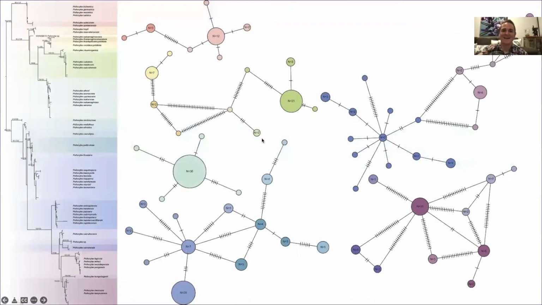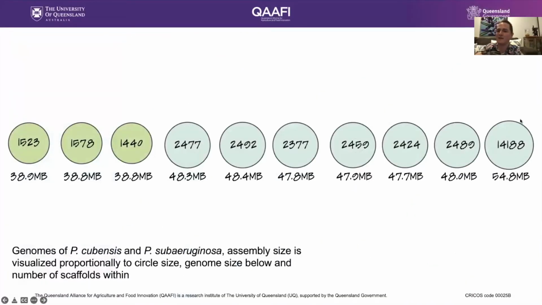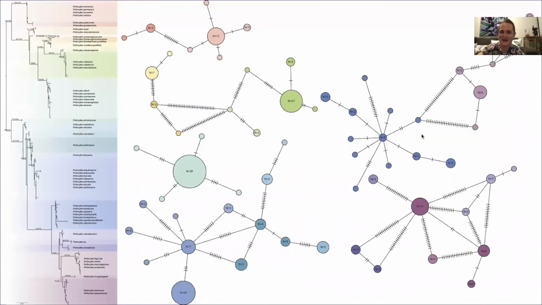So yeah, there's one other interesting thing here. This little genome is the dikaryotic assembly. So the number of contigs are in the center of these circles, which are proportional to genome size. And I was really worried I was sequencing dikaryons and my selection of haploids was atrocious, but it looks like it's all working out. So that's nice.